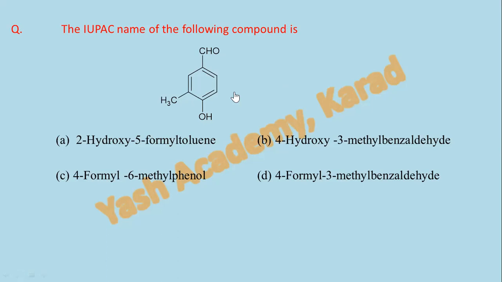So dear students, while writing the IUPAC name of such compounds, you must know the priority list of functional groups from higher level to lower level.